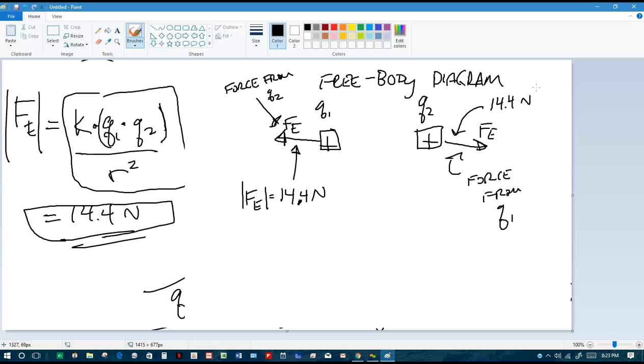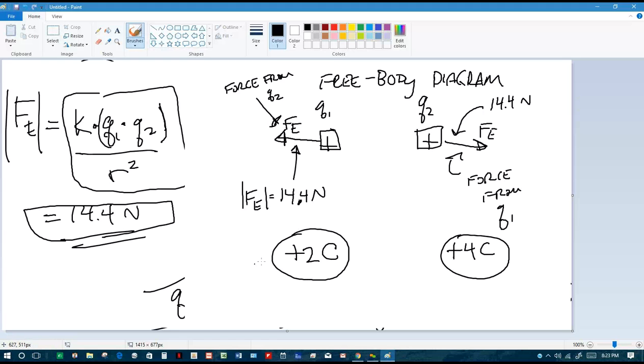So is that only because they were the same charge? Let's say this is plus 2 coulombs, and this is plus 4 coulombs. If the charge on the left is 2 coulombs, and the charge on the right is now twice as much, 4 coulombs, will they still both feel the same amount of force, but in opposite directions?